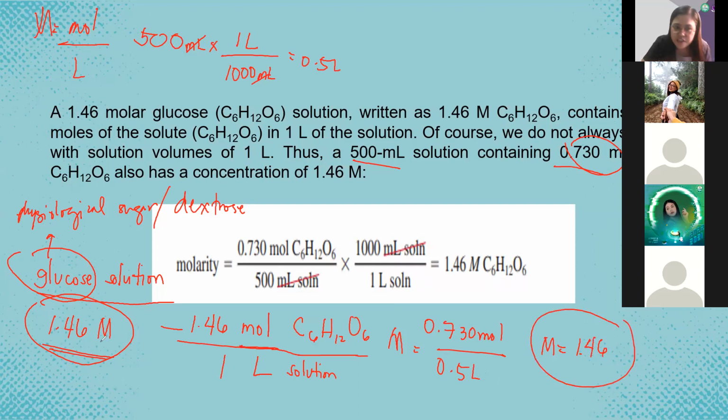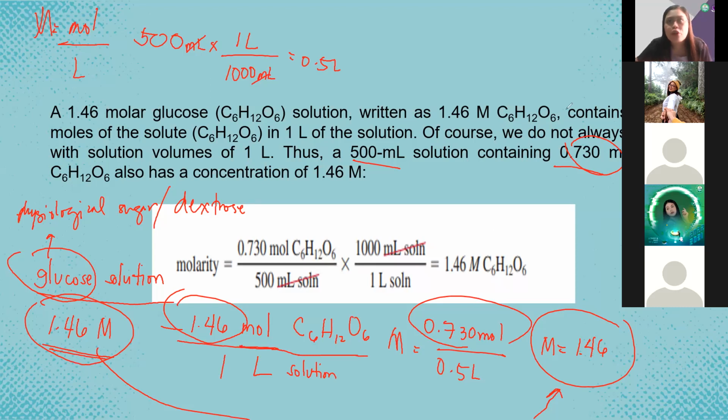As you can see, you have the same concentration. So when you have 1 liter, you will have 1.46 moles of the glucose dissolved, but if you have 500 mL, it will be 0.730 moles. But at the end, we will get the same concentration.